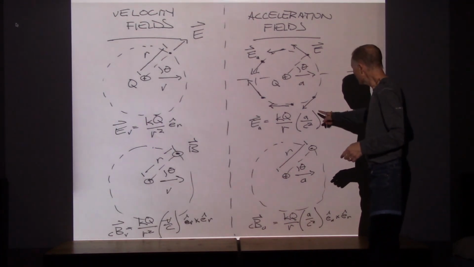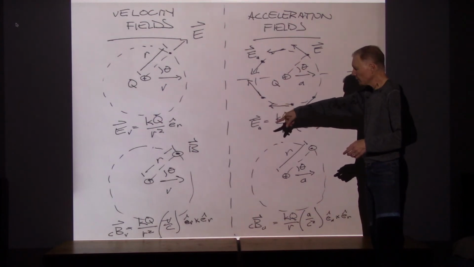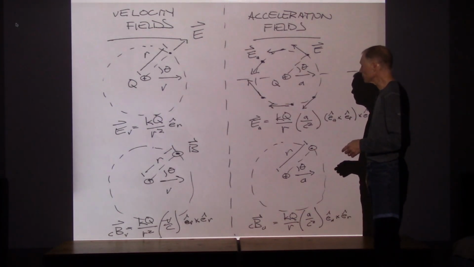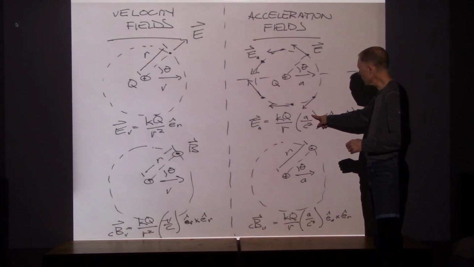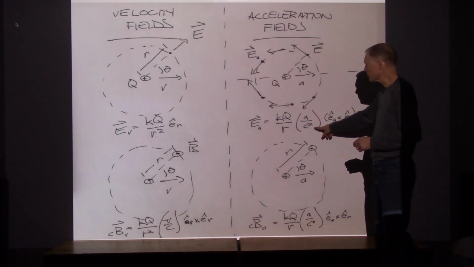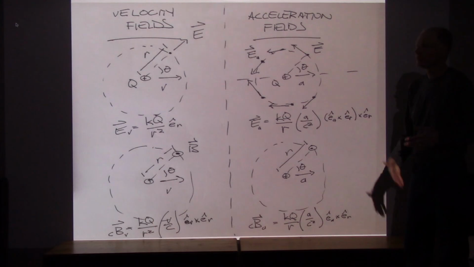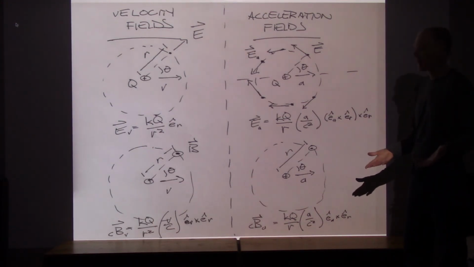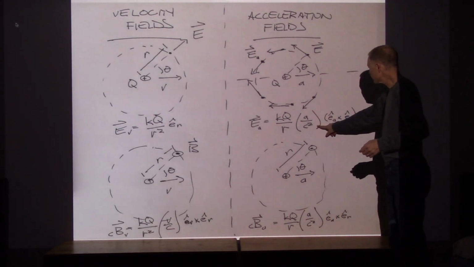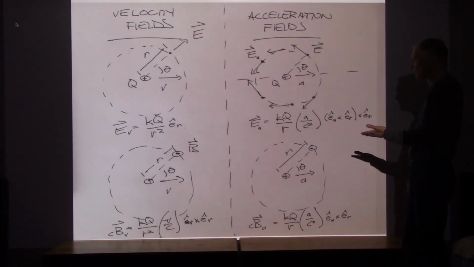Instead of depending on velocities, which these other formulas do, this depends on the acceleration, and then there's a couple of factors of c squared that make all the units match out. So a over c squared, and then it's a funny direction.